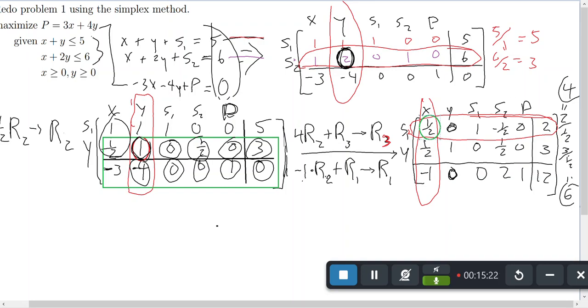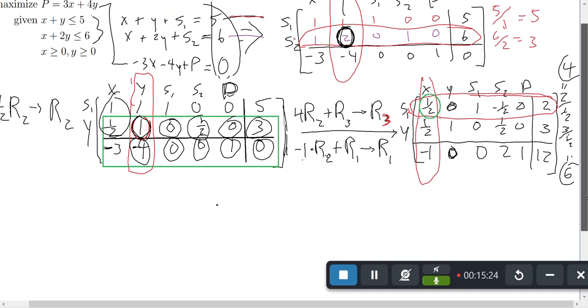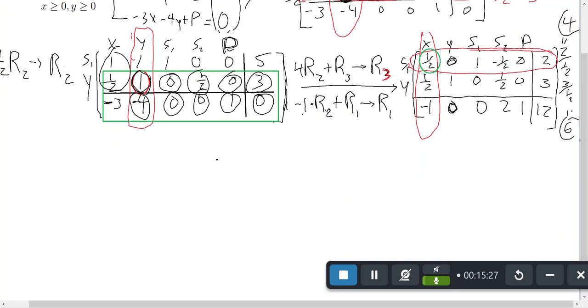All right, how do you change 1/2 into 1? You multiply it by 2. So that's what we're going to do. We're going to multiply 2 by row 1 to replace row 1.